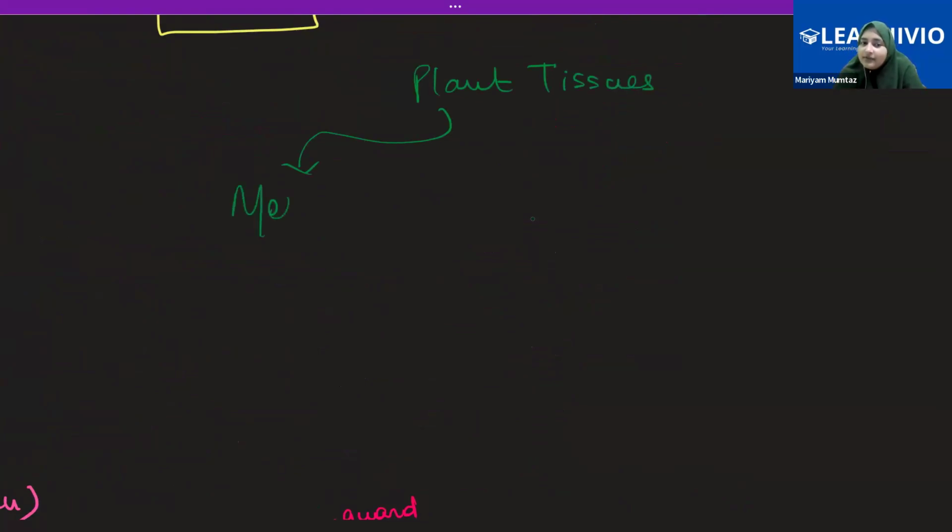The plant tissue, the first type is meristematic. The second type is permanent. Meristematic tissues are those that have the capability of dividing all their lives. So they are living tissues that keep on dividing and dividing. So we call them meristematic.